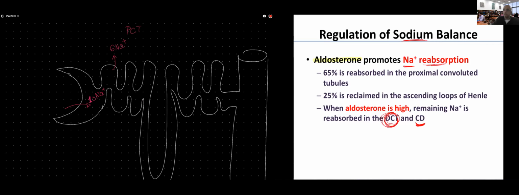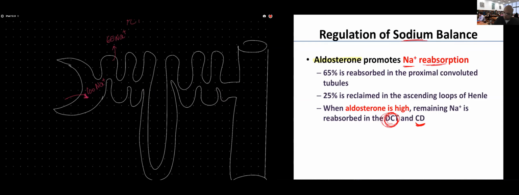I have to get those back. 65% of the sodium is going to be moving back. The remaining is going to be split to get reabsorbed in the remaining parts of the kidney tubules.